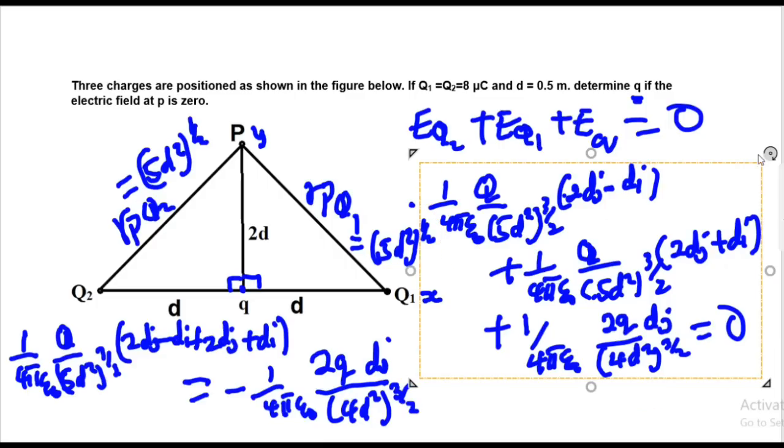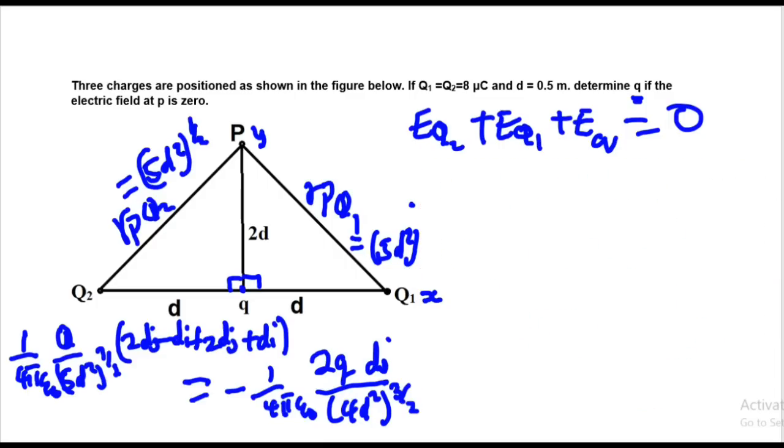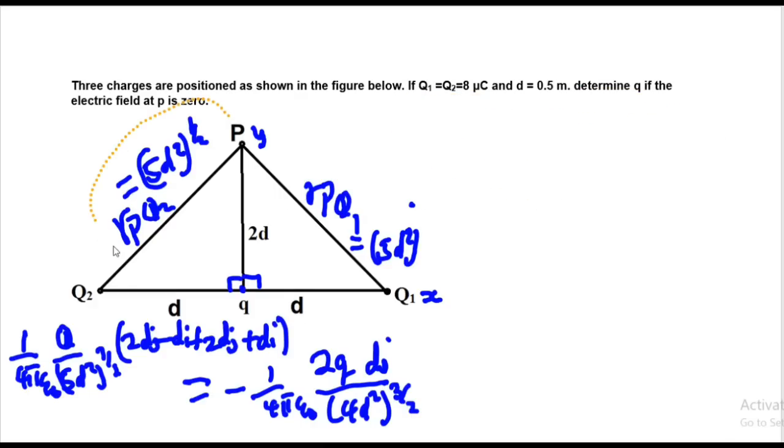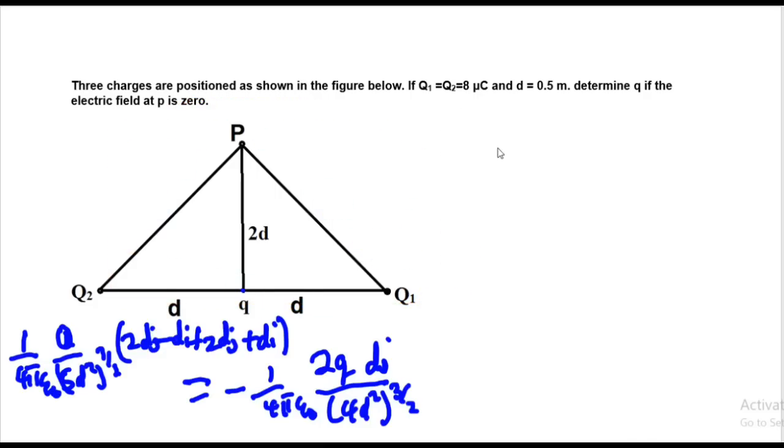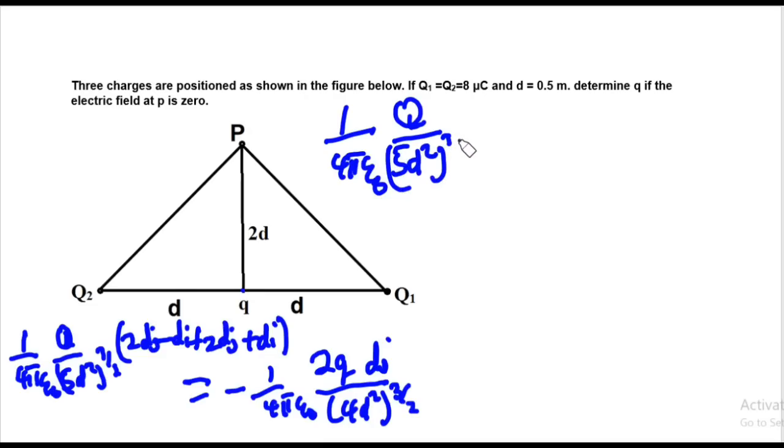Now we have 1 upon 4 pi epsilon 0, we have q upon (5d²) to the power of 3 upon 2.